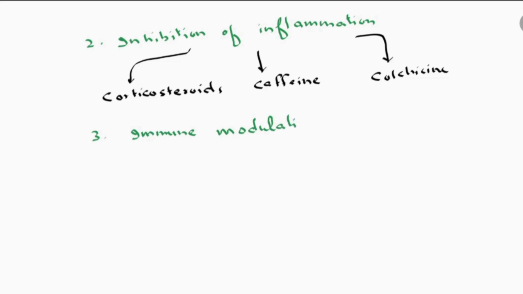Now, coming to immune modulation. Natural killer cells kill activated hepatic stellate cells. As a result, there is a decrease in hepatic fibrosis.